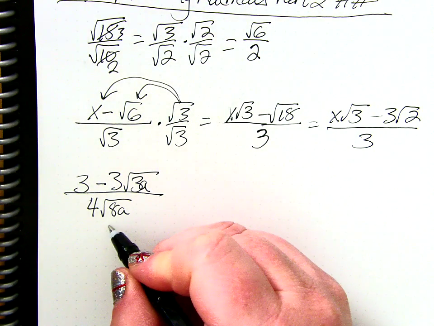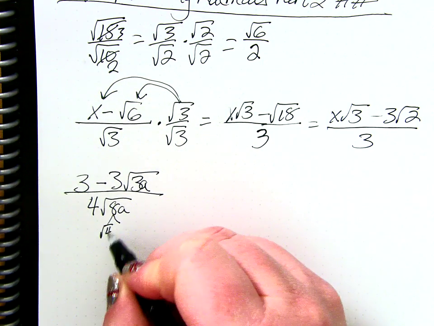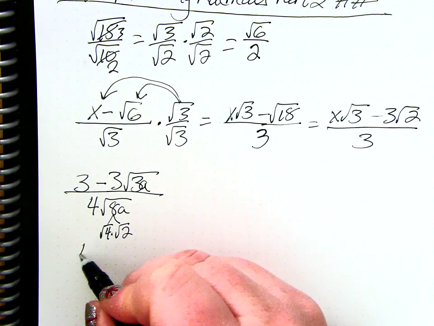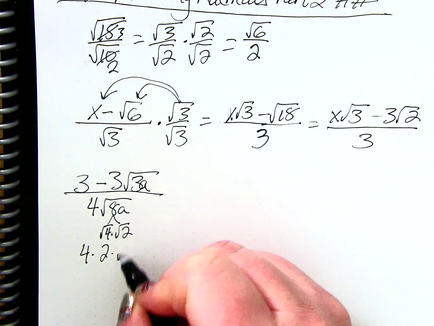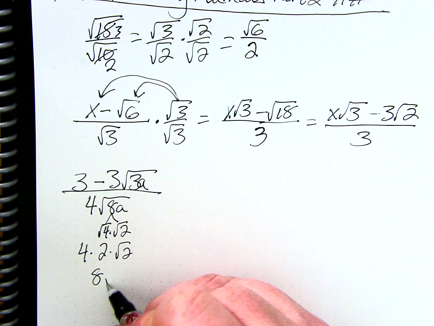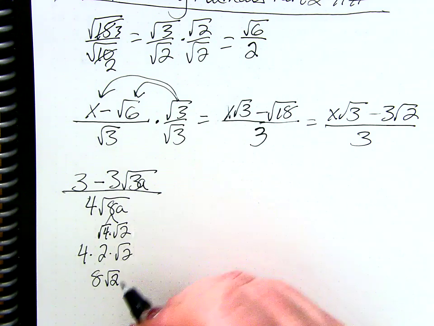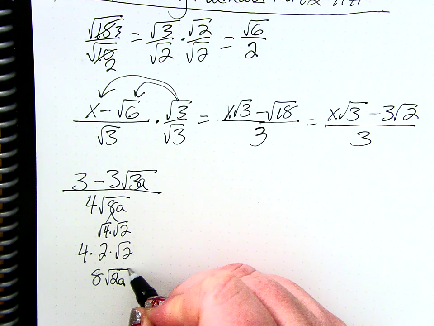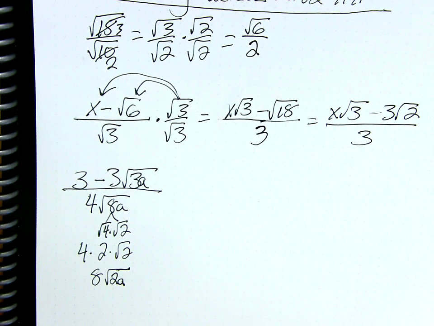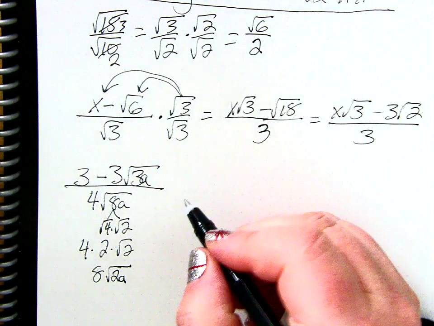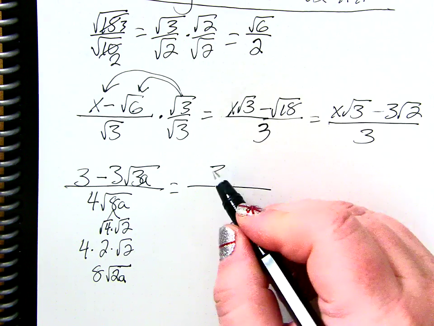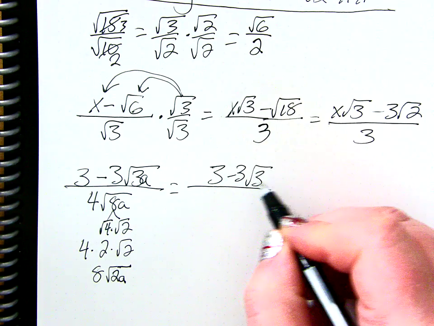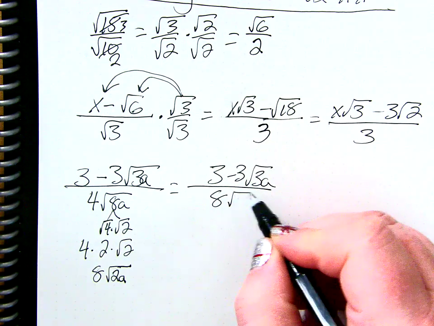So the square root of 8, isn't that the square root of 4 times the square root of 2? So that'd be 4 times 2 times square root of 2, or 8 root 2. And then I do still have that a underneath there. So that's really my new denominator. So actually, let me rewrite it. 3 minus 3 root 3a all over 8 square root of 2a.